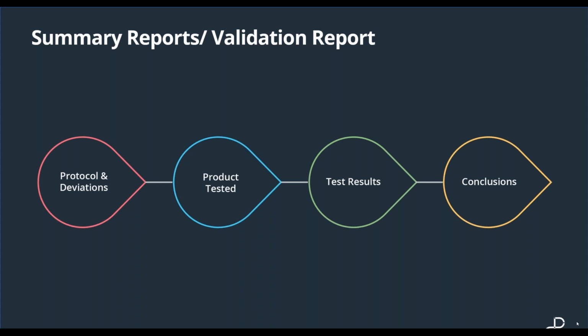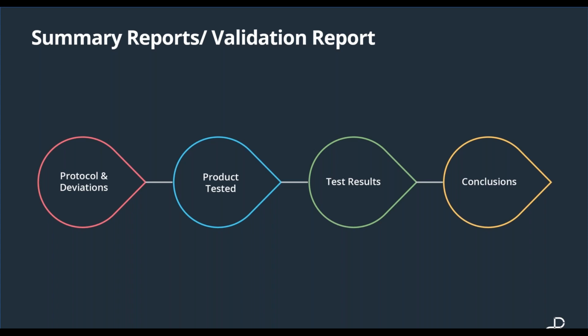So you need to be making reference to the protocol and any deviations from the protocol, and reference to the configuration of the product tested. Ideally, in those final summative reports, you're using product that is completely relatable to your final product, but any differences in configuration from your final product should be identified within that report, along with any reason why you could be considering those two products to be the same.